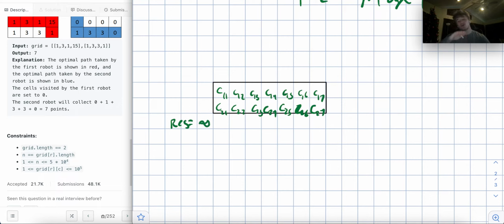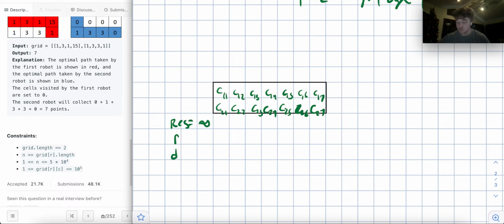Then I'll look: if robot 2 goes all the way to the right, what will their score be? That'll be the right score. And what if they go down and then all the way to the right? That'll be their down score.